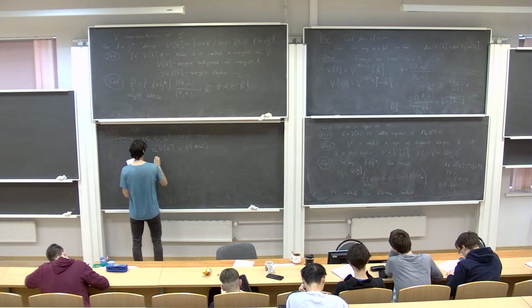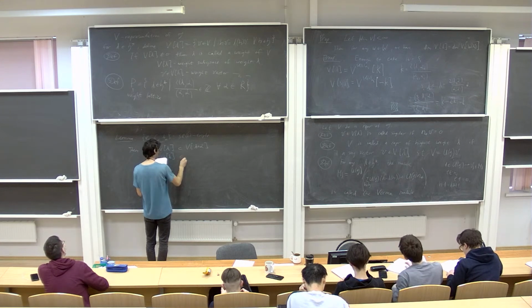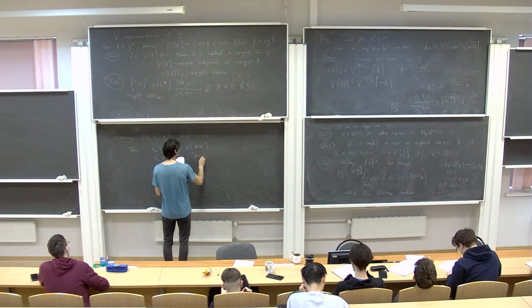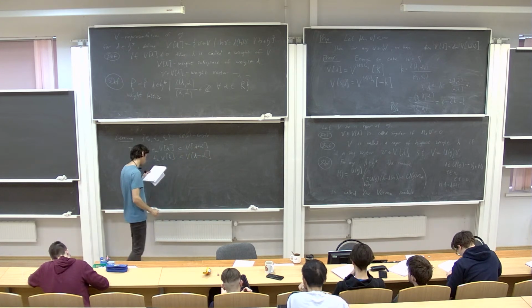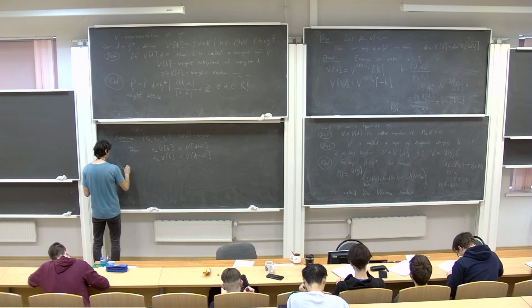And if I act by F alpha on the weight subspace corresponding to weight lambda, I will end up in the weight subspace lambda minus alpha. The proof I will not write here.